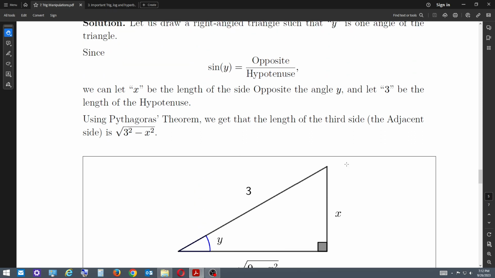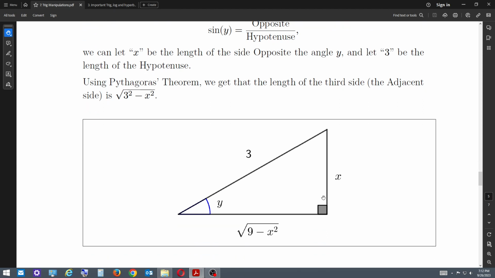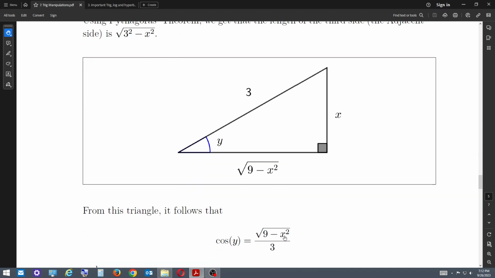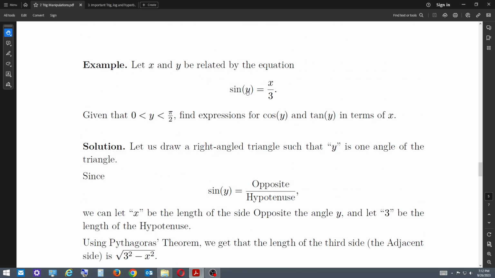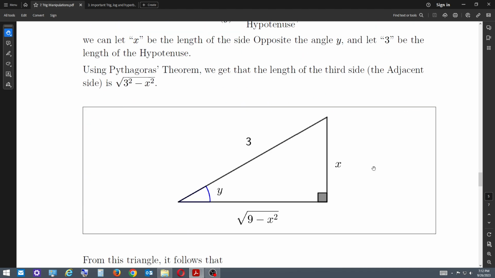So we created a triangle like this. Now you can sketch any triangle, not drawn to scale, put down these lengths, x and 3, and then you can work out using Pythagoras' theorem the third side. So again, this is going to be the square root of the hypotenuse squared minus x squared, so the square root of 9 minus x squared. Right, and then once we have this triangle, I know what sine of y is: sine of y is x over 3.